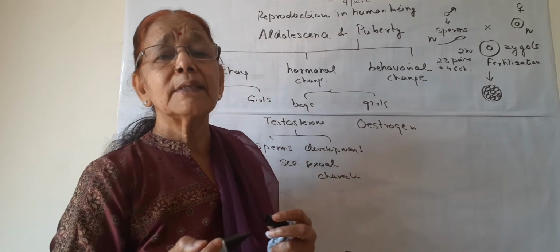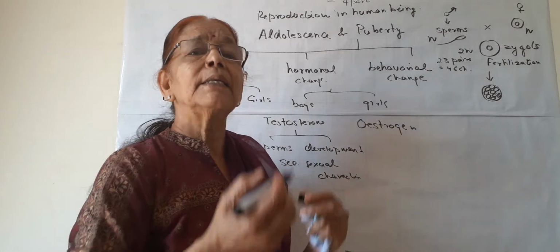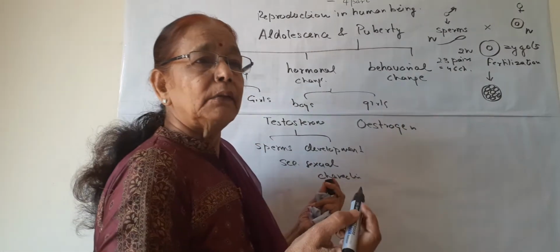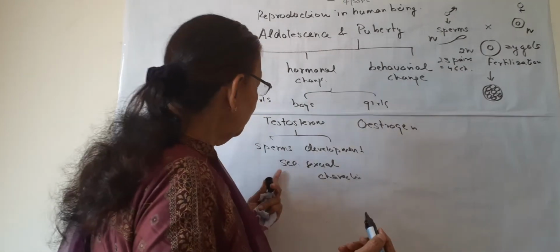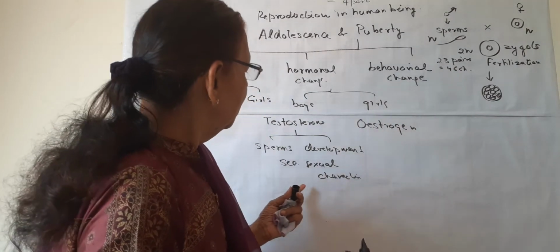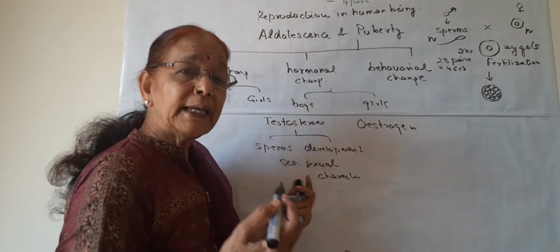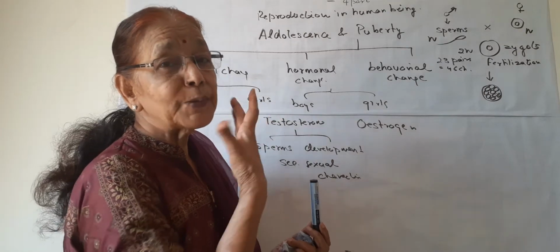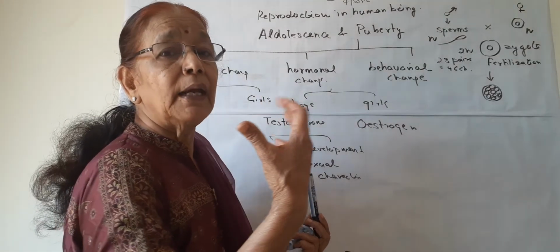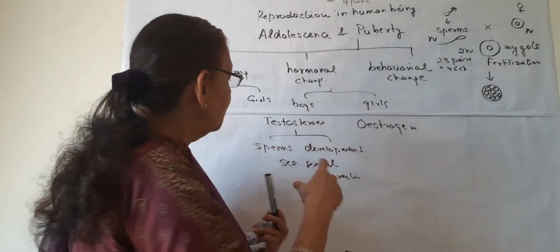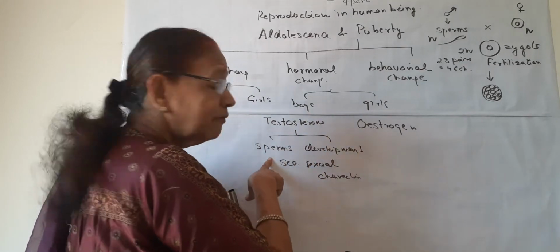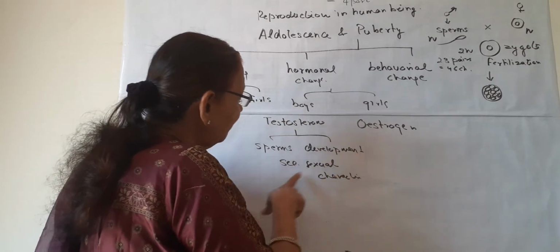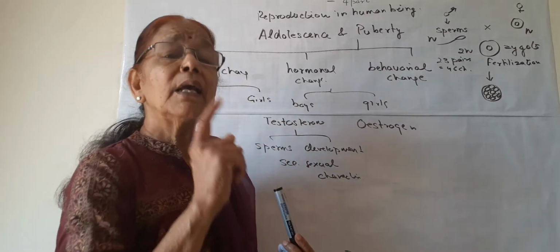Enlargement of the penis, then testicles, then the scrotum. These reproductive parts enlarge, and the secondary sexual characters are also the beard, mustache and hair all over the body. So testosterone helps in the formation of the male gamete, that is sperms, and in development of secondary sexual characters.